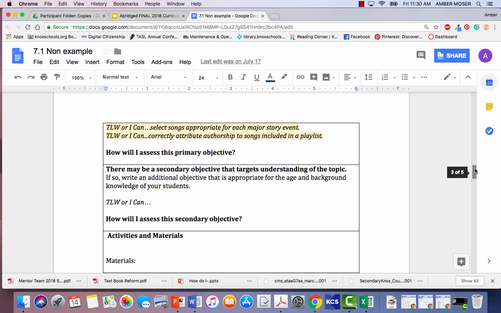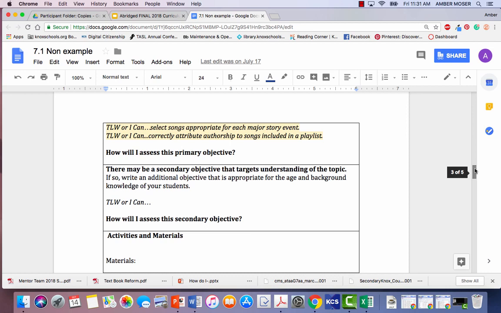So for instance, let's say that I'm teaching the Dewey Decimal System, but what I'm really driving towards is the standard where students are sharing products with an authentic audience. Maybe I'm going to have students create word clouds that reflect what goes into a specific Dewey category, and then they're going to share those word clouds with some of the younger students in the school.